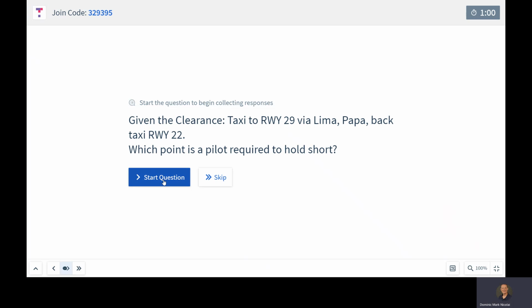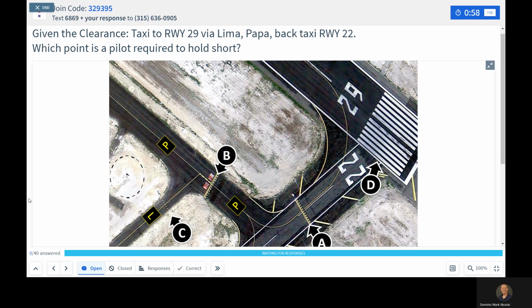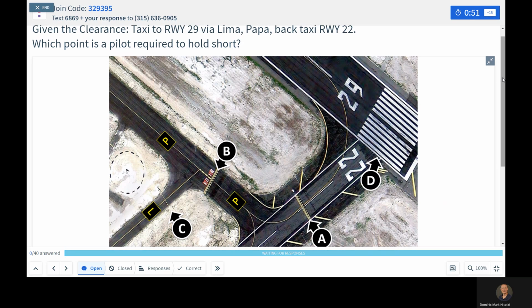At which point is a pilot required to hold short?